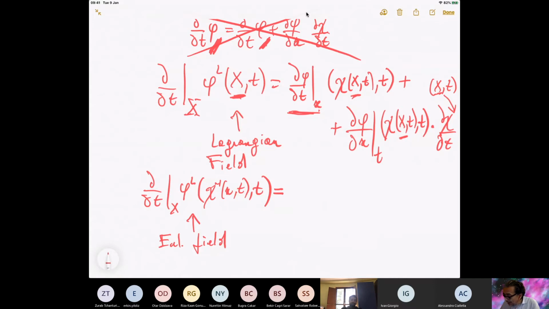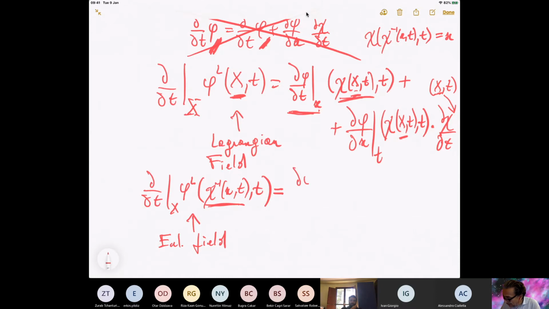This is equal to what? Now, if I calculate this, if I have chi of chi minus 1 of x, t, this is equal to x by definition of the inverse. So when I calculate the left-hand side in chi minus 1 of x and t, this becomes small x.